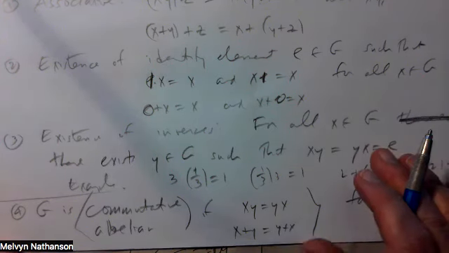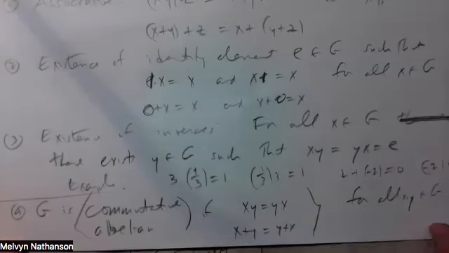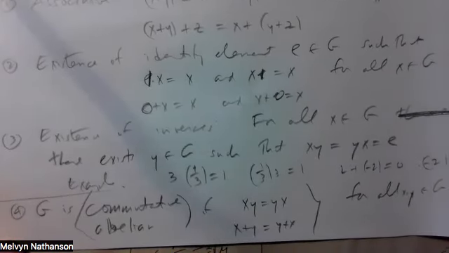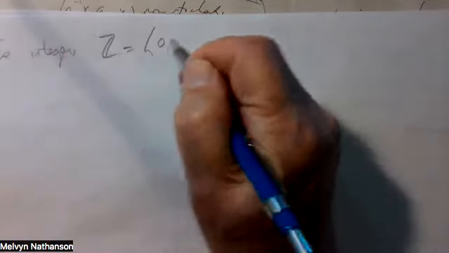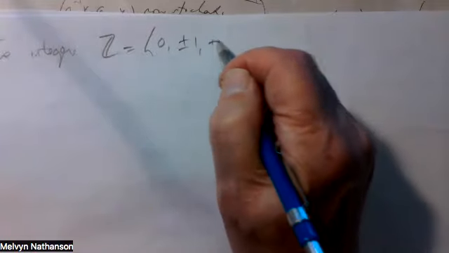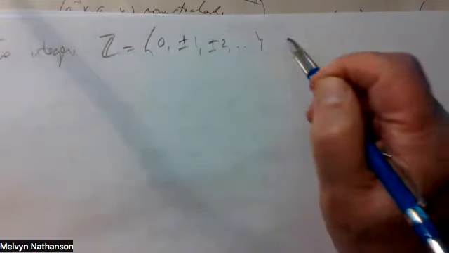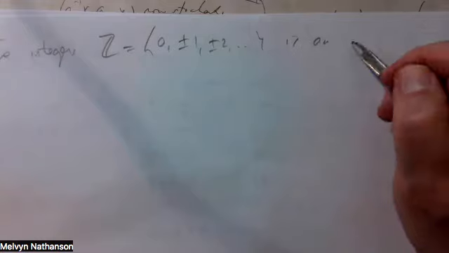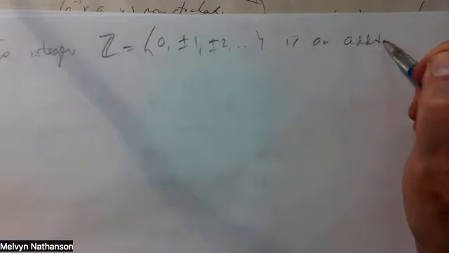And you've seen many, many, many examples of groups. For example, the integers, Z, that's all the integers, 0, plus minus 1, plus minus 2, and so forth, is an additive abelian group.